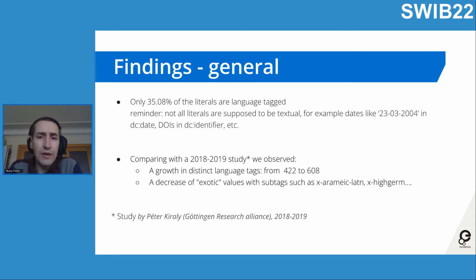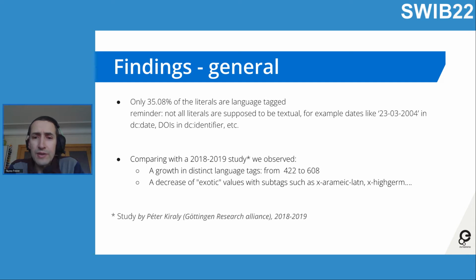So, what did we find? We found that around 35% of literals were language tagged. And of course, not all literals are supposed to be language tagged. Some may contain dates or identifiers which are not supposed to really have a language tag.